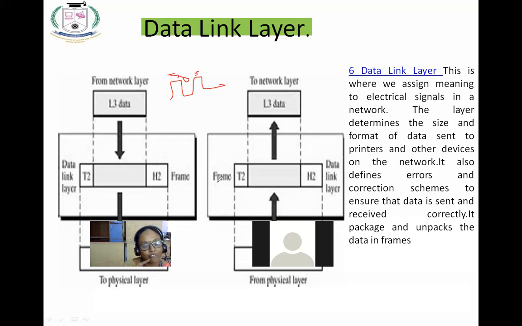When it goes with a fiber optic cable, the communication happens through the fiber optic cable. And sometimes it may be through the air medium, that is Wi-Fi. The data link layer is mainly used to check the size and format of the data, through which media we are sending the data, and it also always checks the error and control scheme.